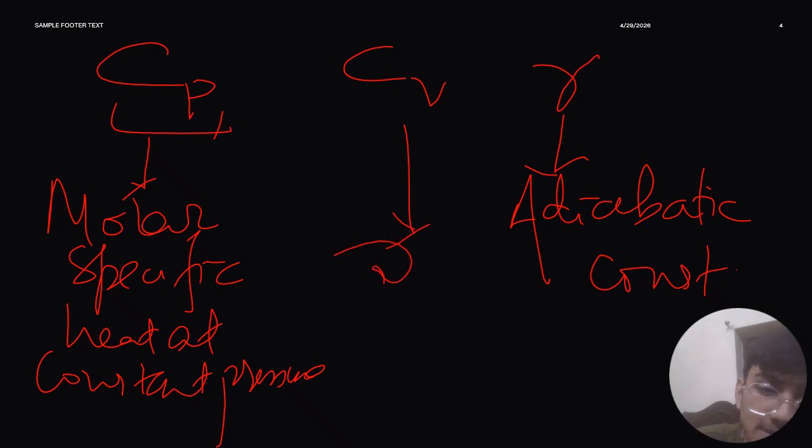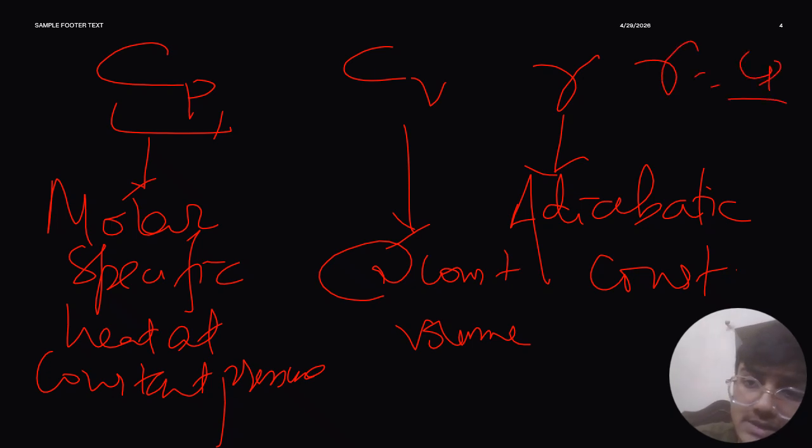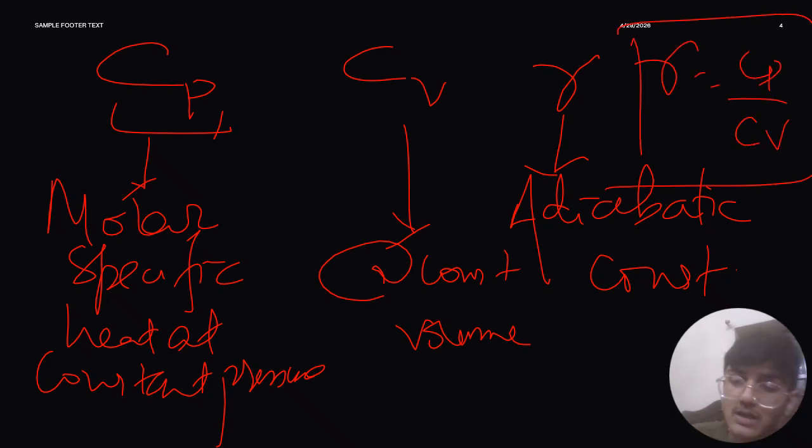Cv is the same at constant volume. And gamma is represented as the ratio of Cp and Cv. Now, just try to understand. This gamma, the adiabatic constant, mainly depends on the degree of freedom. How?